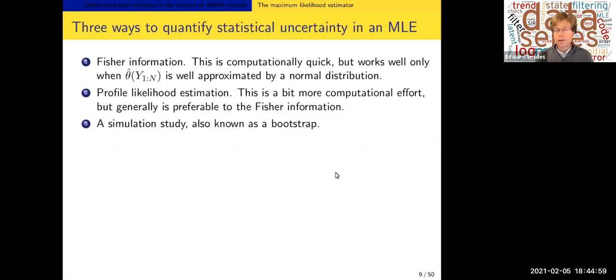We're going to talk a bunch and use a bunch something called profile likelihood estimation, which you may not have seen before. In that case, you're learning a really useful new applied statistics technique. It's a bit more computational effort than Fisher information. It's generally preferable in practice. And the last thing we're going to talk about some amount, and sometimes do, is a simulation study, which is essentially a synonym for a bootstrap.